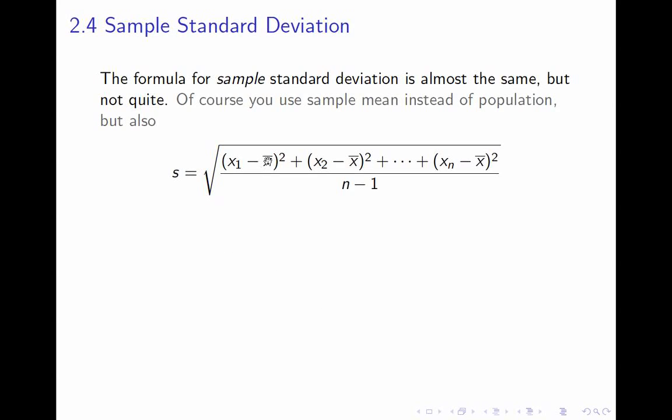One is, instead of mu, we use x bar, right, because we're looking at sample, so of course we use the sample mean. But the important difference is, instead of dividing by n, the number of data points, we divide by n minus 1. So if you have a data set of 20, instead of dividing by 20, you divide by 19. If you like, you can think of it as computing x bar used up somehow one of the data points. That probably doesn't help any, but that kind of fits how statisticians think of it.